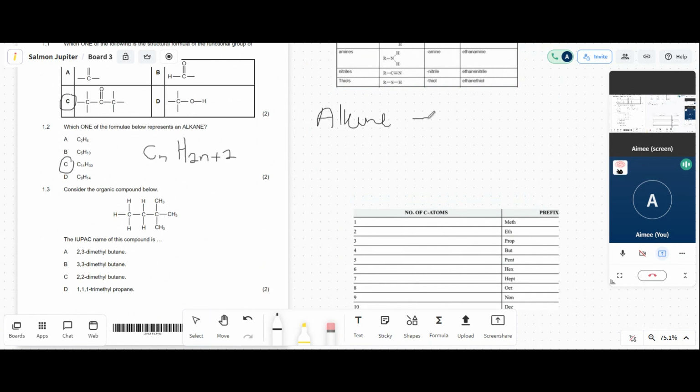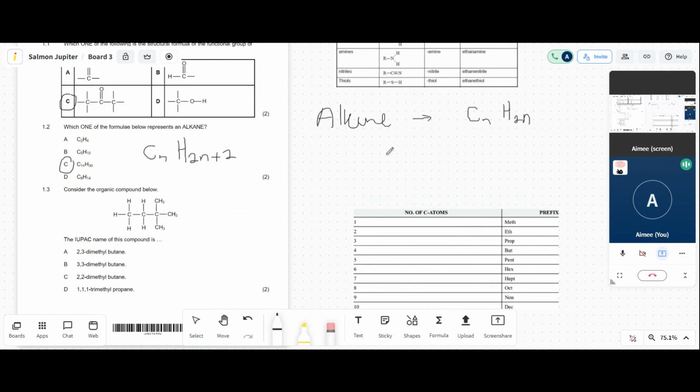So the general formula for an alkene is CnH2n. So whatever the number of carbons you have in an alkene, you need to have double the amount of hydrogens. And that's why I said A kind of follows that structure, because we've got 2 carbons and double the amount of hydrogens. So that's definitely an alkene.